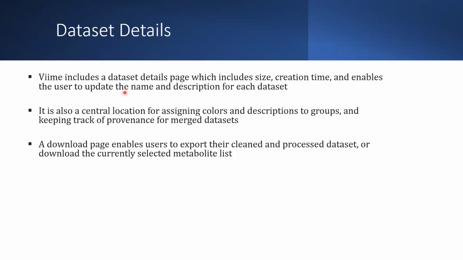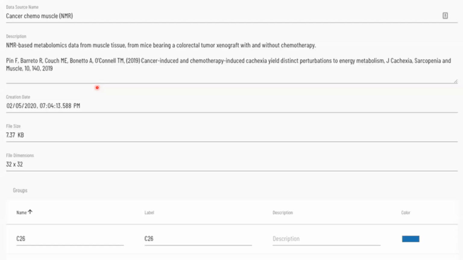So in data set details, VIIME includes a data set detail. What you do here, you can name the combined data. You can give it whatever name you want. You can give the group, assign colors to groups, and you can merge your data sets. So this is what it looks like. You give your data source a name.